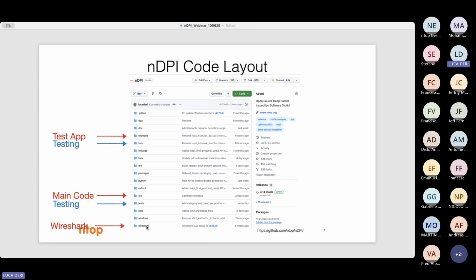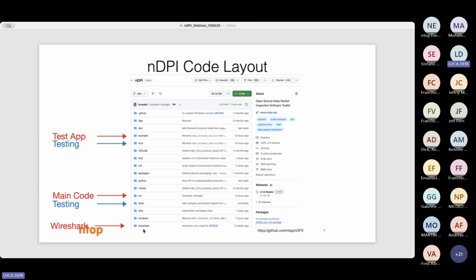One of the things that makes us very proud is the testing, because nDPI is a library on top of which your application will be sitting. This means that the library must be stable, rock solid, I would say, and it has to be very good in terms of memory footprint. Whenever we add a new protocol or change something, we must make sure that the regression tests are not failing.